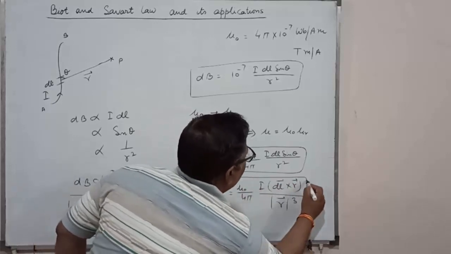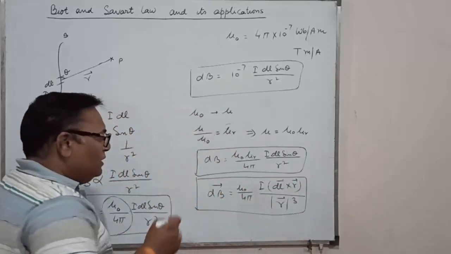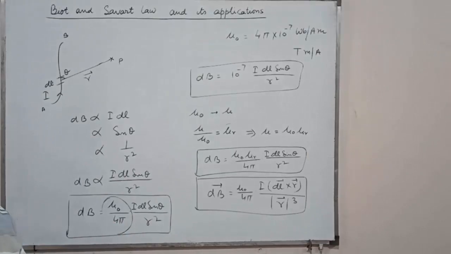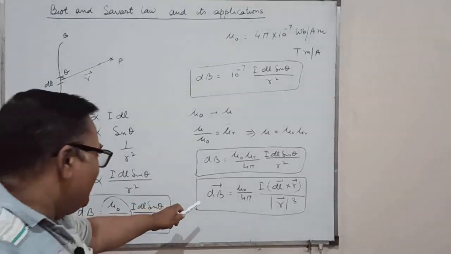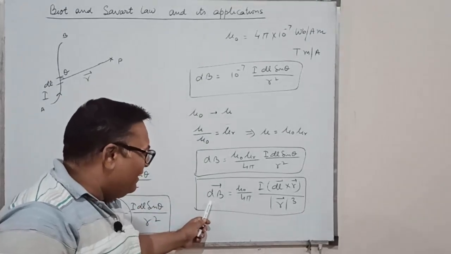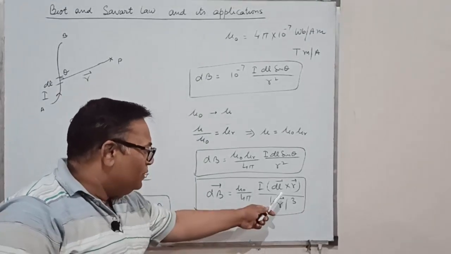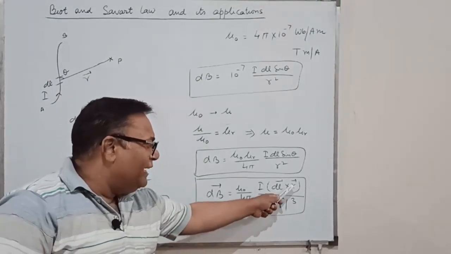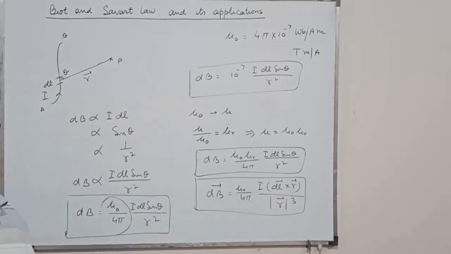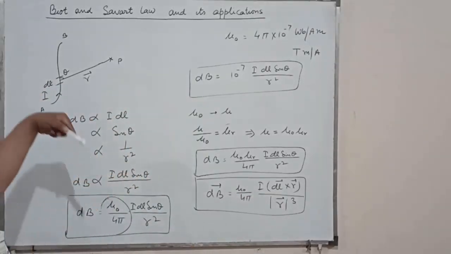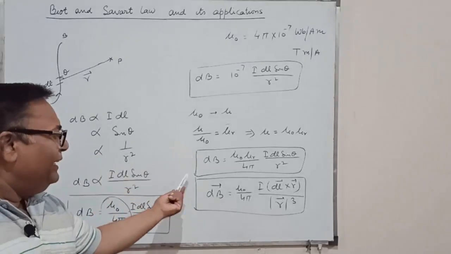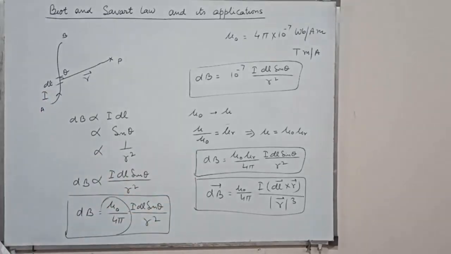This is the vector form of Biot and Savart law. It means the direction of dB is perpendicular to the plane containing dl and r. Clear? And for the whole conductor we integrate this expression as required by the numericals.